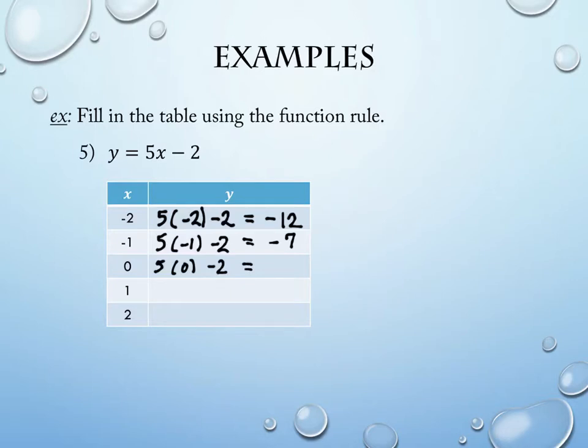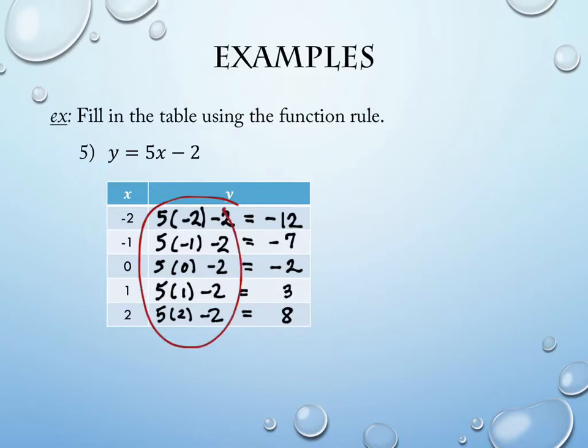Minus 2? -2. 5 times 1 minus 2. 5 times 1 is? 5 minus 2 is? 3. And then 5 times 2 minus 2. 5 times 2 is? 10. Minus 2 is 8. Okay, so you don't have to show all of this, okay? I'm just reminding you that's where I'm getting my numbers from.